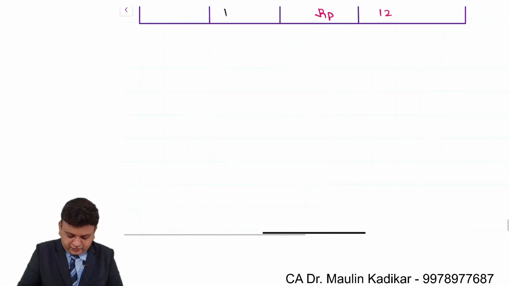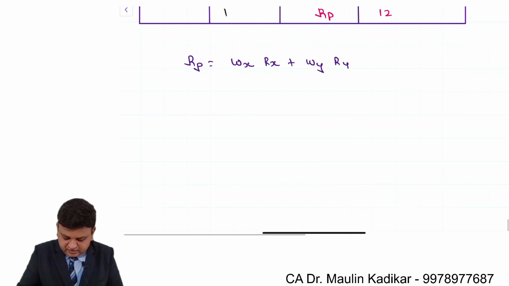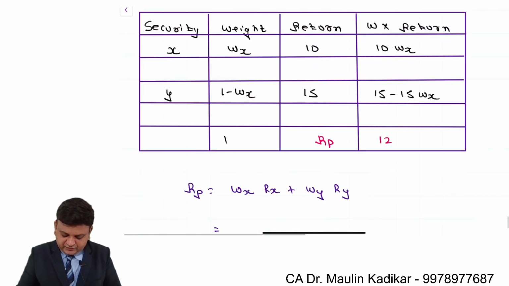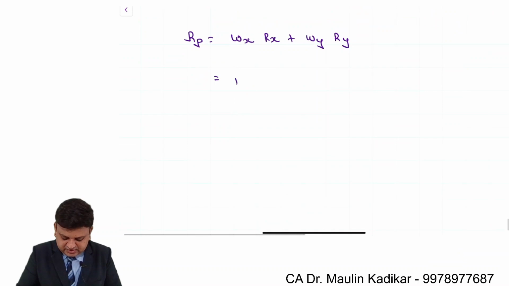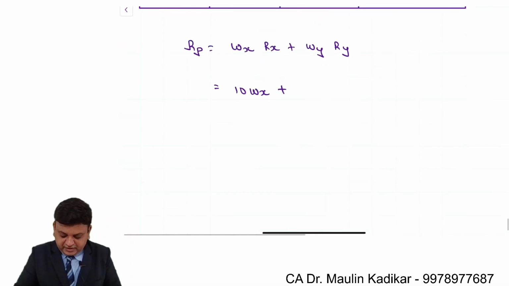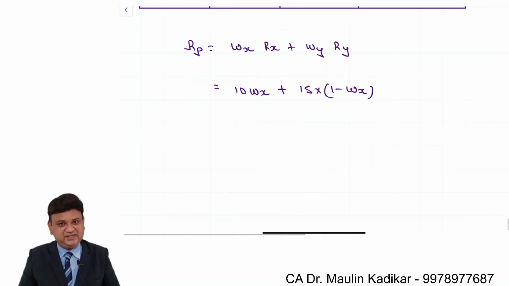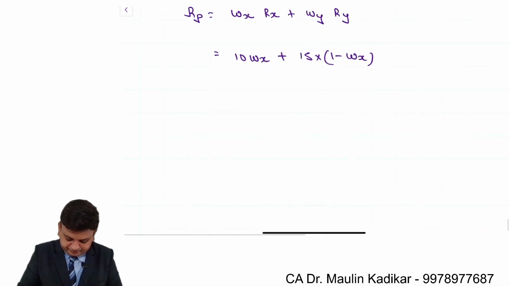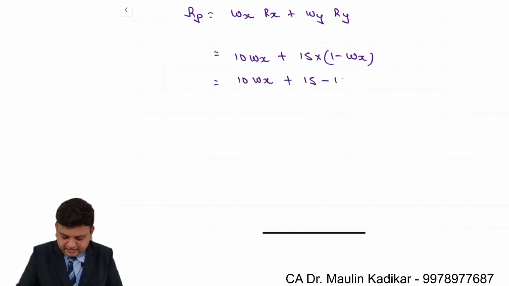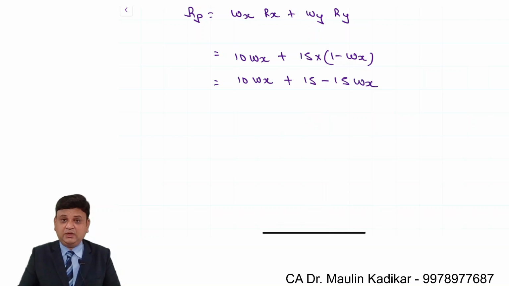The formula for return of the portfolio is weight of X into return of X plus weight of Y into return of Y. So return of X is 10, so it is 10 WX, plus return of Y is 15, so 15 into WY, that is 1 minus WX. So now it is 10 WX plus 15 minus 15 WX, and the overall return of the portfolio will be 12%.